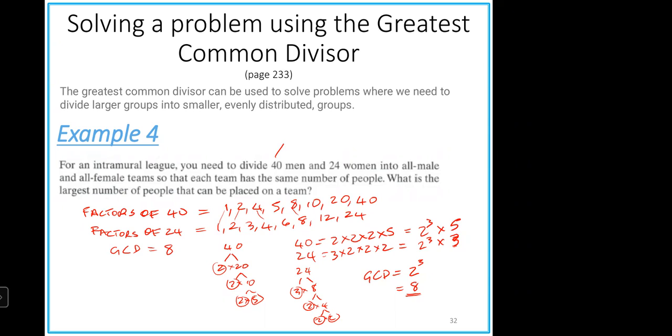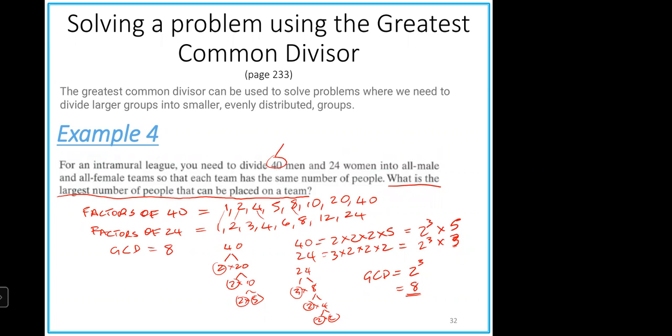Since we have 40 men and the greatest common factor is 8, how many male teams would we have? We divide 40 by 8. So we'd have how many teams for the men? 5. 5 male teams, okay.